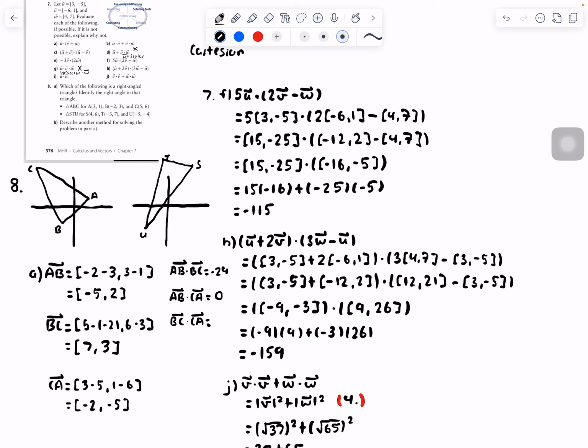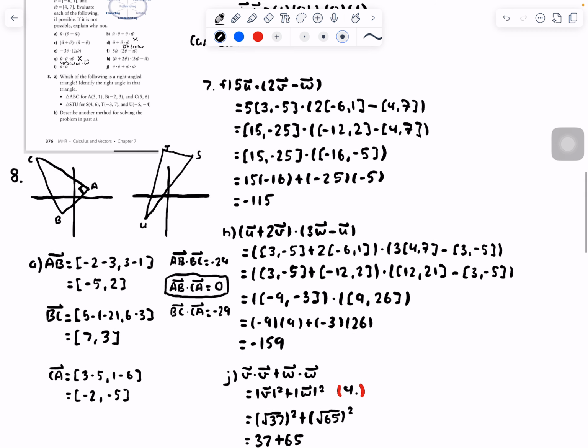So let's just check the other one, for good measure. 7 times negative 2 plus 3 times negative 5, negative 29. So there's our pair, meaning AB dot CA. So the right angle is somewhere here. Okay.